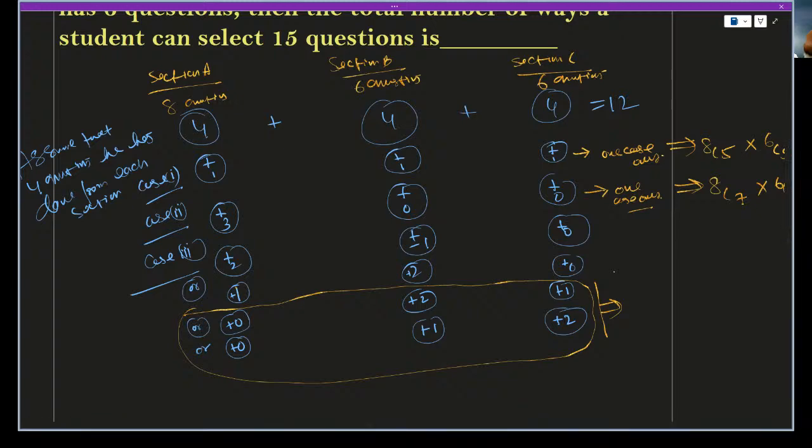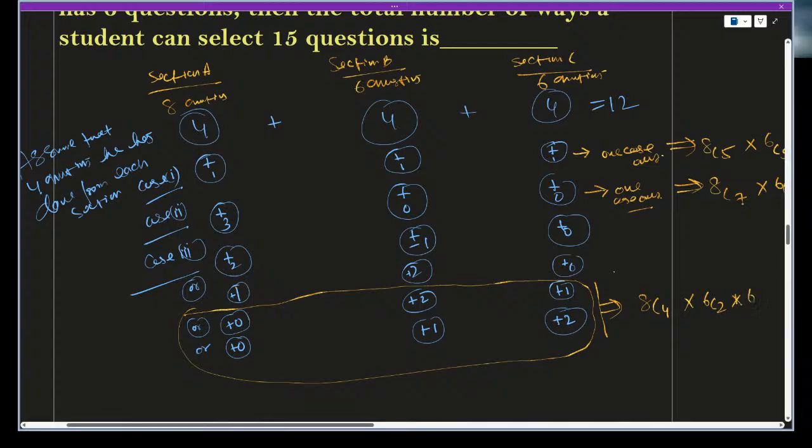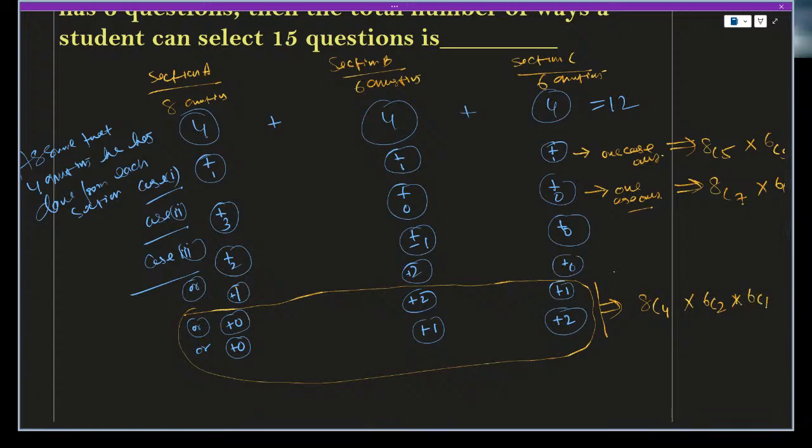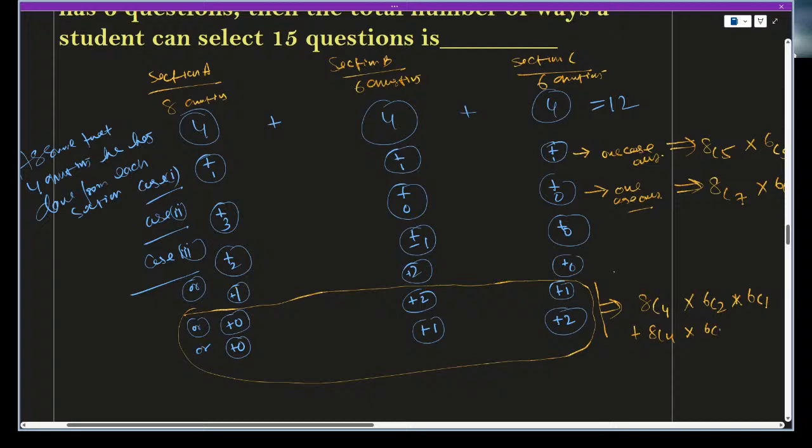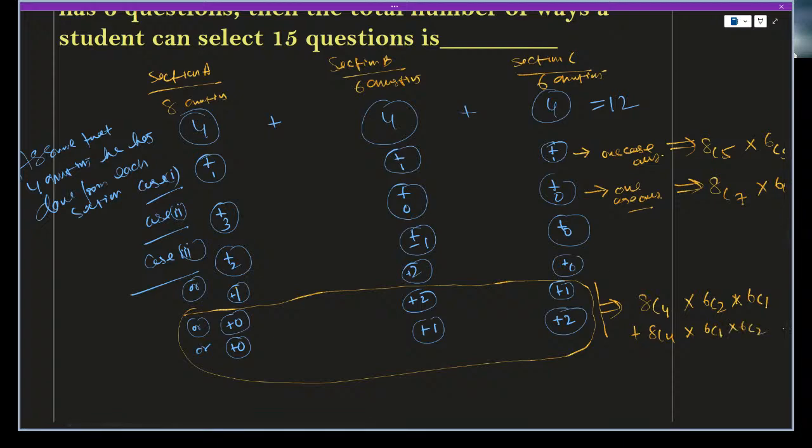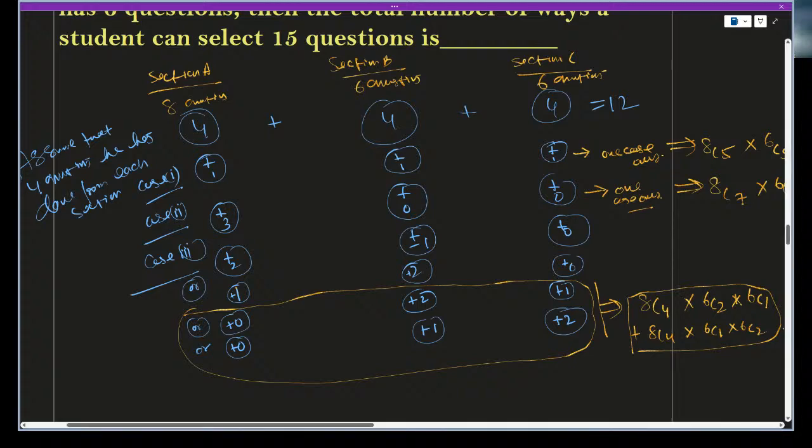So there it will be 8 C4 into 6 C2 into, if you say that no, I'll do plus, okay, no problem. It will be 8 C4, 6 C1, 6 C2. I was telling that these two are identical. Okay?